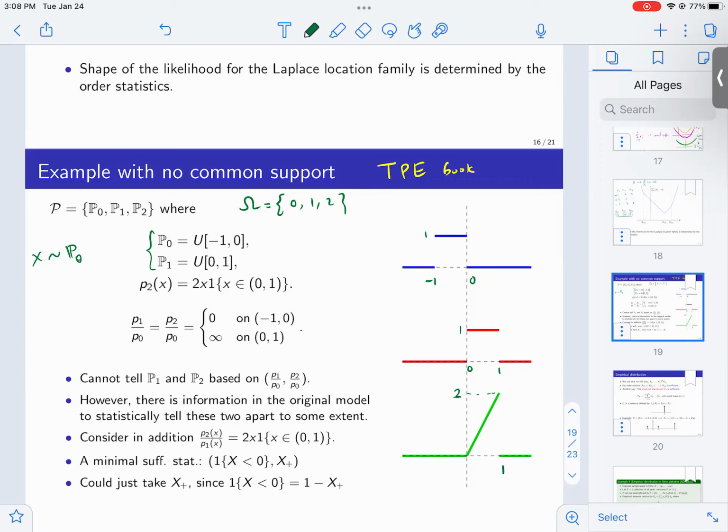You can check when this is so: after 1/2, I believe this is going to be bigger than 1, so it's more likely to be under P2 than P1. So the point is that the likelihood ratio carries information.